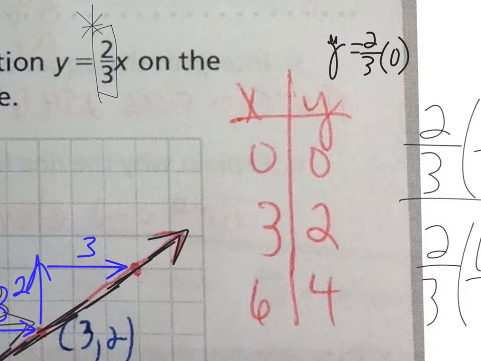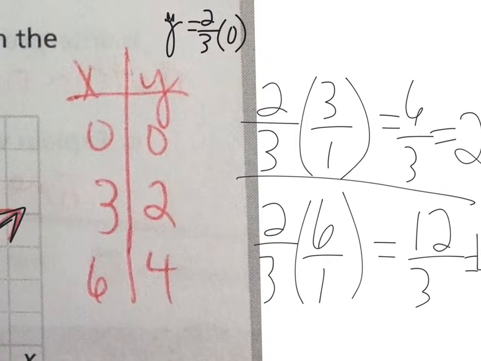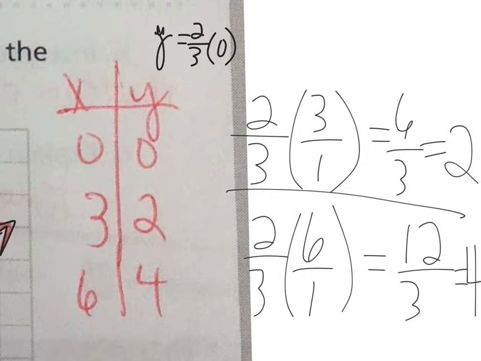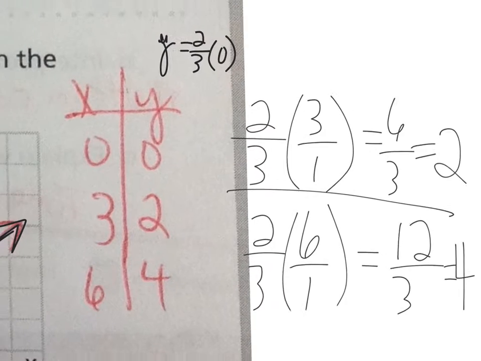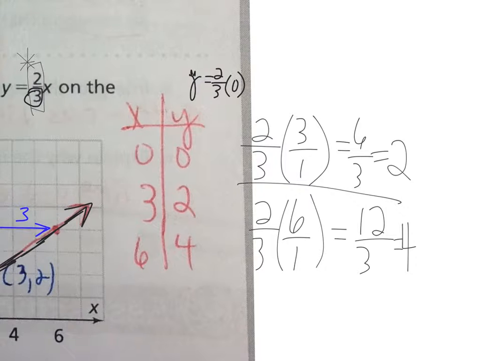And then since I have a fraction, it's going to be easiest to pick the denominator as your next x value. So if you put a 3 in place of x, 2/3 times 3 would be 6/3. 6 divided by 3 is 2. That's how I got that point (3, 2). And then the next multiple of our denominator is going to be another point that keeps us from having fractions.